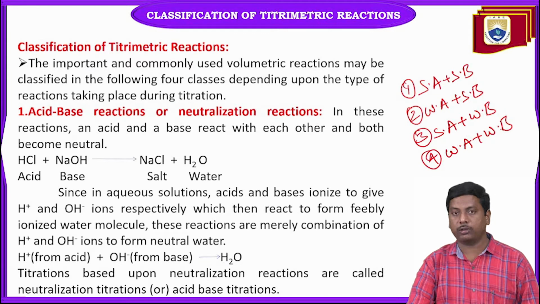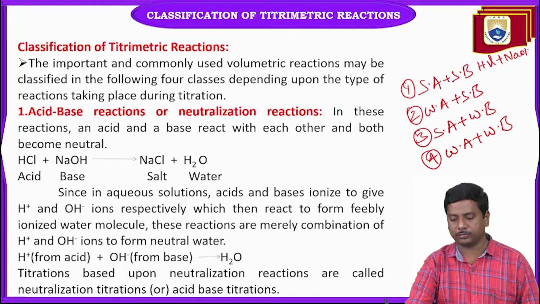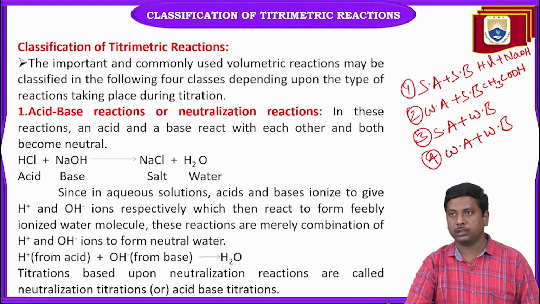So there are 4 categories. Strong acid and strong base means hydrochloric acid with sodium hydroxide. The second one is weak acid and strong base. Weak acid means acetic acid, and the base is sodium hydroxide.